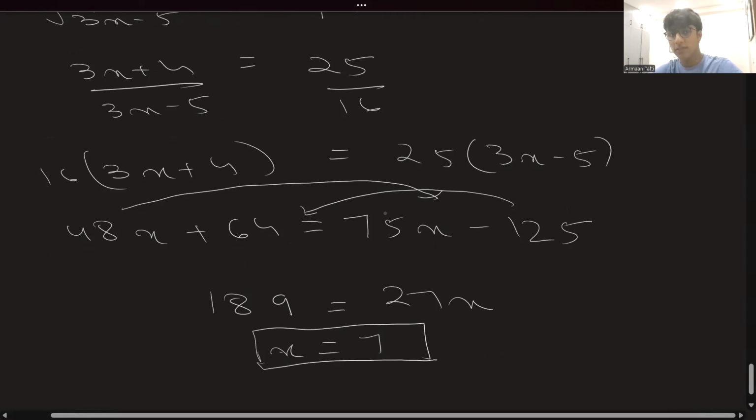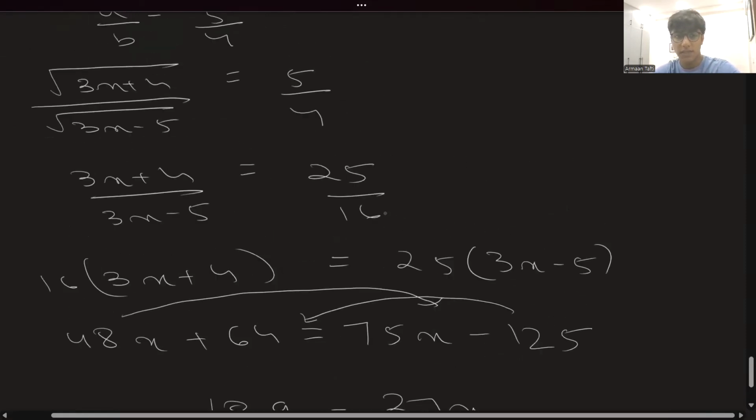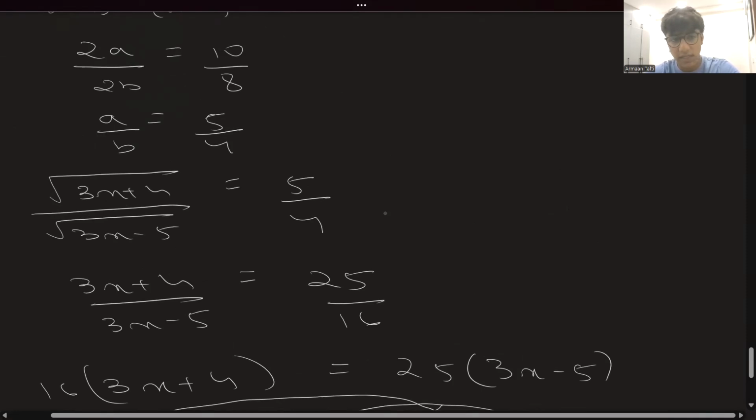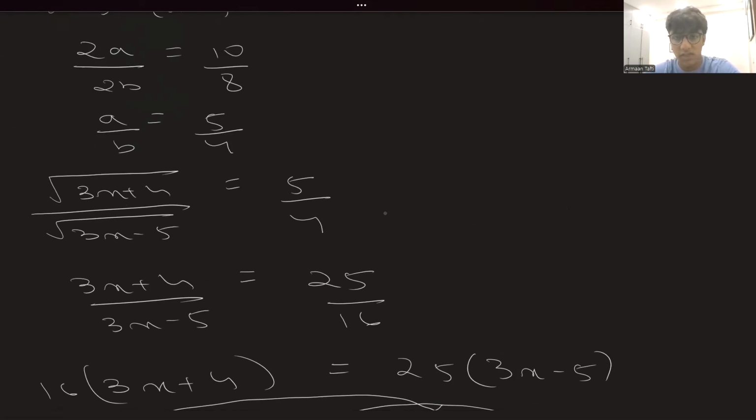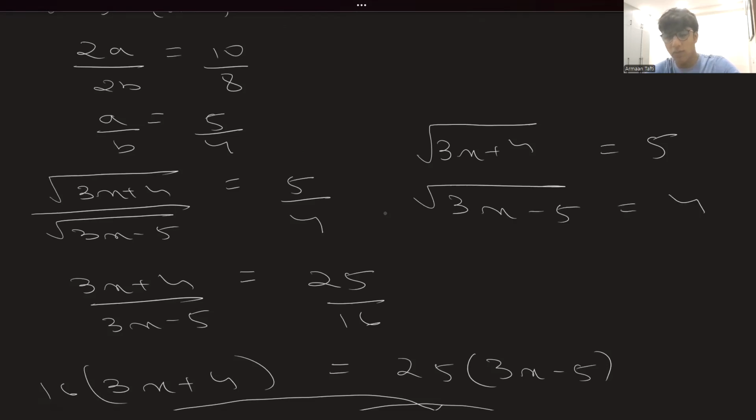This is one small trick that I would like to draw your attention to. Over here, if you look at it, squaring both sides is not really necessary. You can simply read this as the root of 3x plus 4 equals 5, and you can write this as 3x minus 5 equals 4. You can just read it.